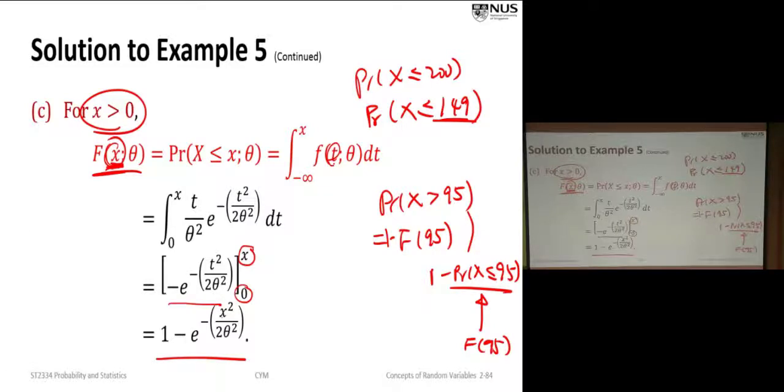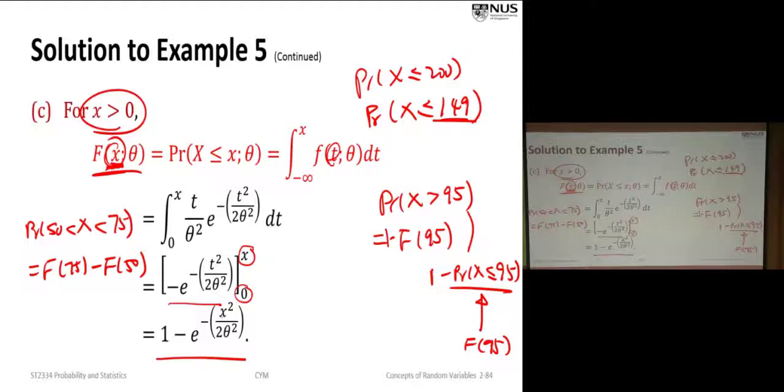Now how about another question? What's the probability of x between 50 and 75? If you do the integration again, then you have to do a lot of work. But this is just F75 minus F50. Because it's continuous, I don't really bother about whether it's less or equal or just less.